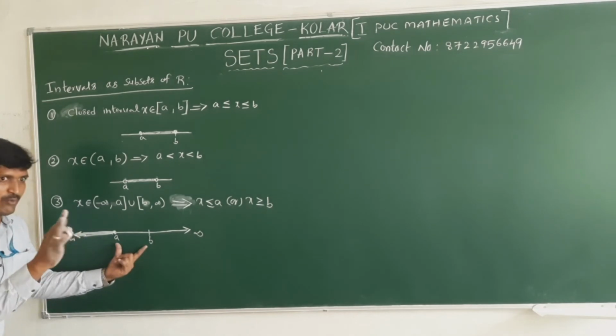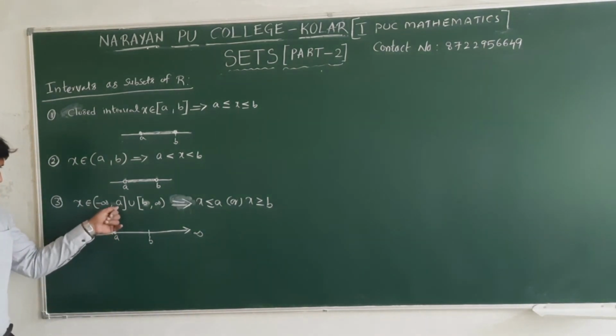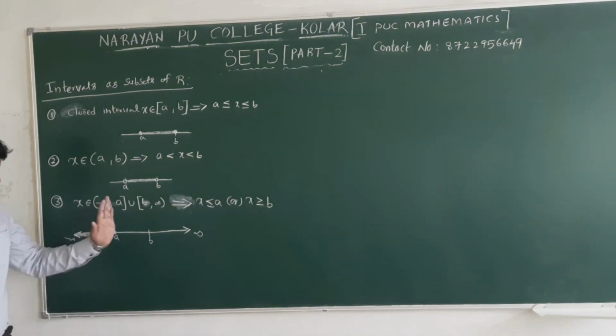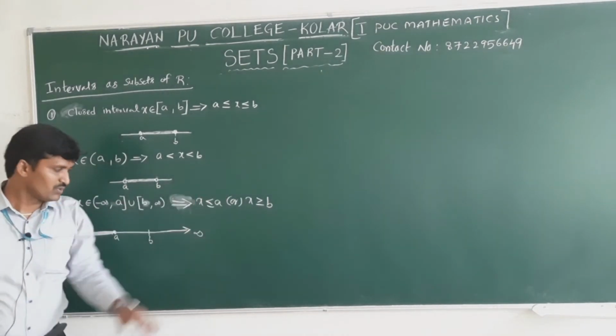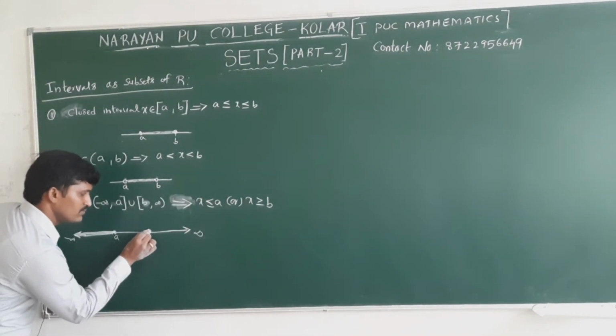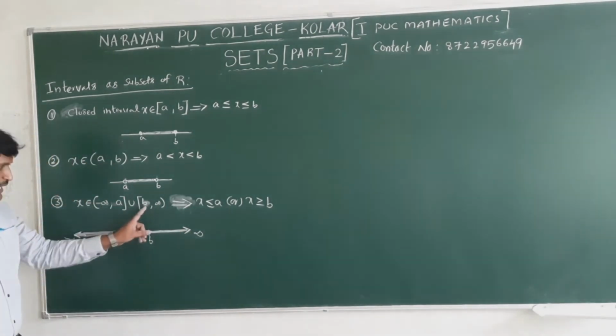In between a and b, we should not take any value. For example, a is 2, b is 3: 2 and below 2, 3 and above 3, b up to infinity.